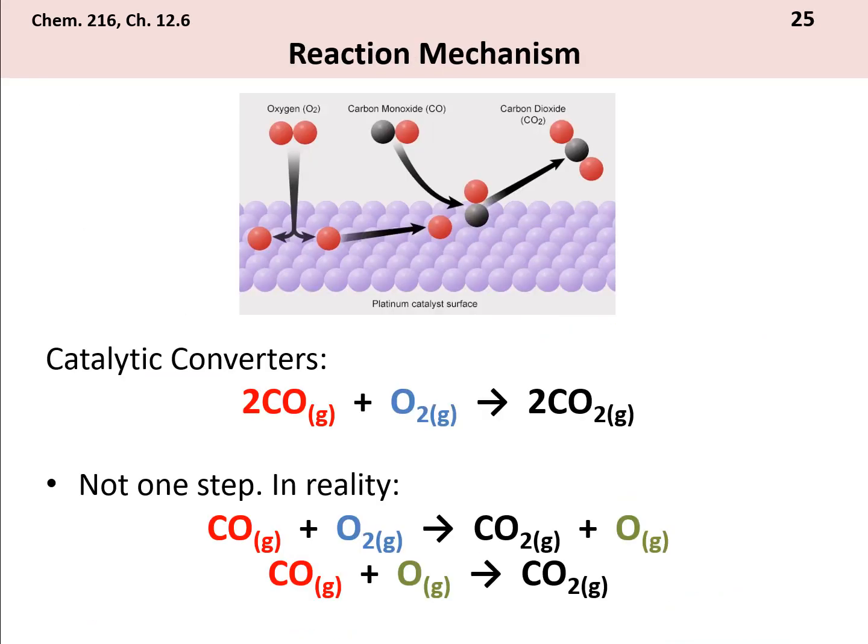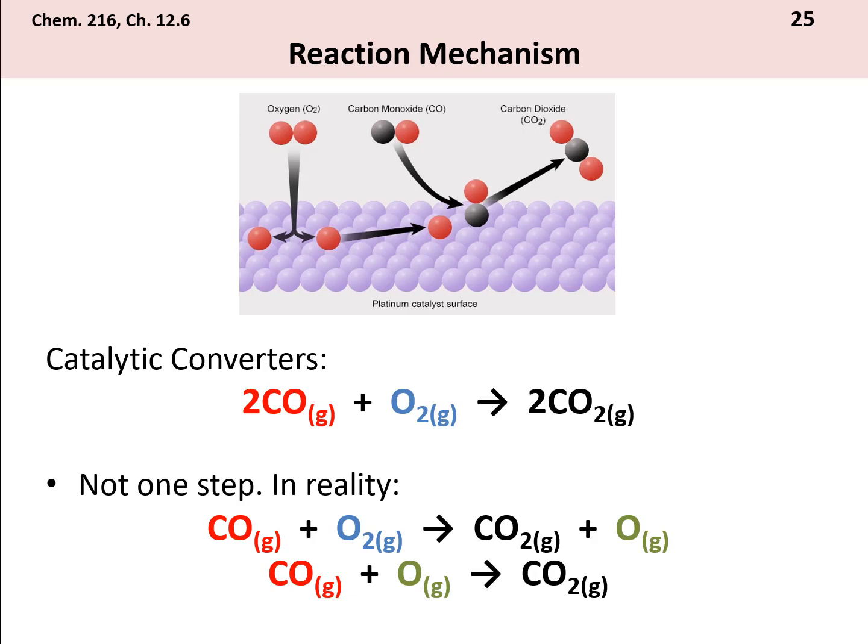Okay, so that's catalysts. Now let's look at that reaction I talked about earlier, the 2CO plus O2 going to 2CO2. Like I mentioned, this doesn't happen in one step, right? In reality, it occurs over multiple steps.